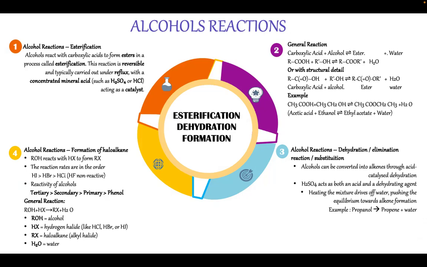For the reactivity of alcohol, we have several stages: tertiary, secondary, primary, and phenol. And for the general reaction in the formation of haloalkane, we have ROH plus HX to produce RX and H2O.